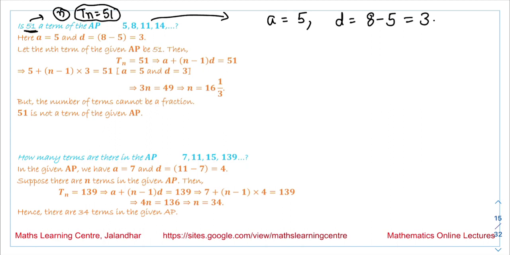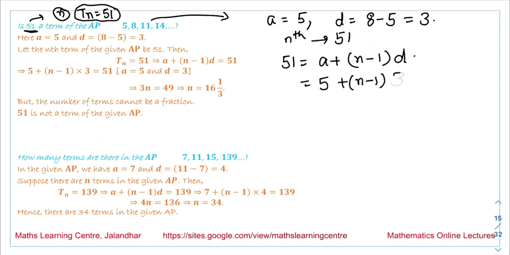Suppose the nth term of this AP is 51, then 51 is equal to a plus (n minus 1)d, which is 5 plus (n minus 1)d. This is the nth term we are talking about.